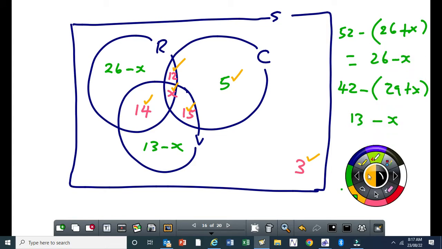If you add 14 plus 12, you get 26. So the sum of 26 plus x, we subtract from the total of all learners who like to play rugby, which is 52. So it will be 52 minus 26 minus x, you end up getting 26 minus x. So these 26 minus x like to play rugby only.